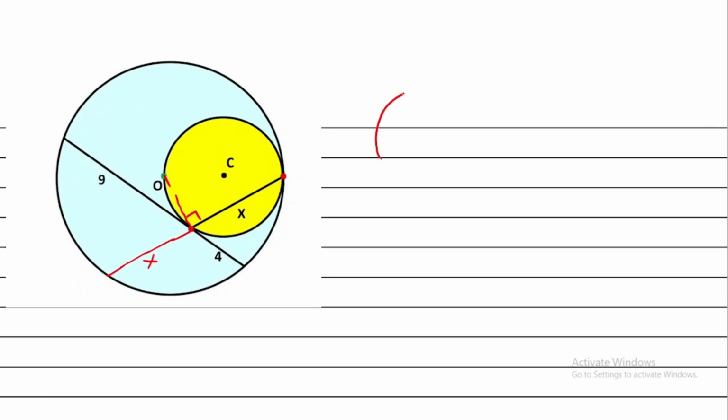Now we have drawn a perpendicular here, and we have concluded this length is also x. So in my circle, the situation is that I have two chords. One has segments of length 9 and 4, and the other has segments x and x, and they are intersecting at a point.